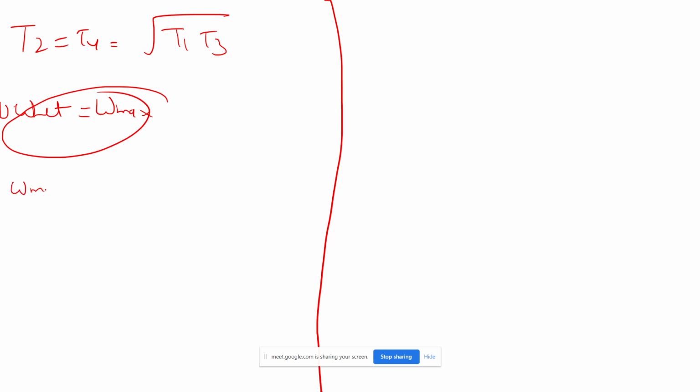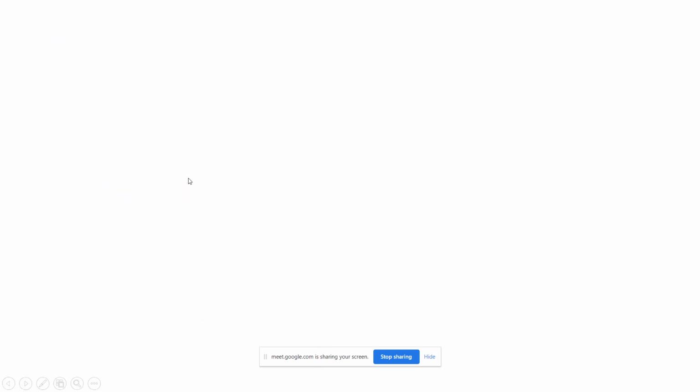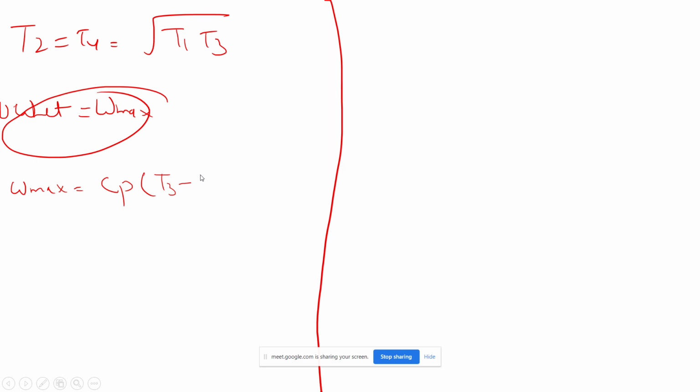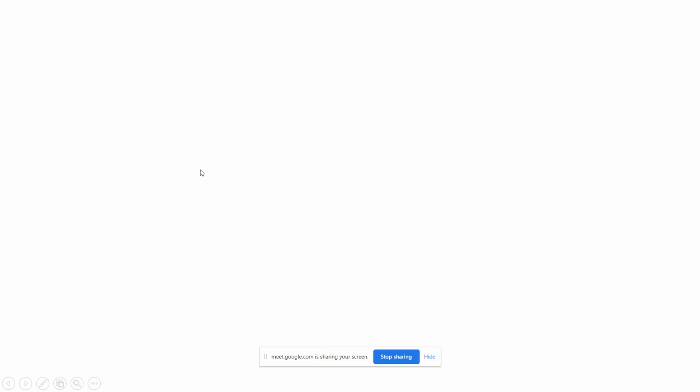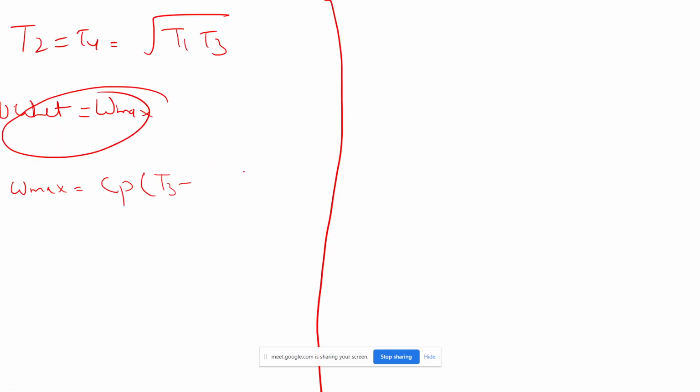So W max we can write is equals to Cp times (T3 minus T4 minus T2 plus T1). Is it okay?